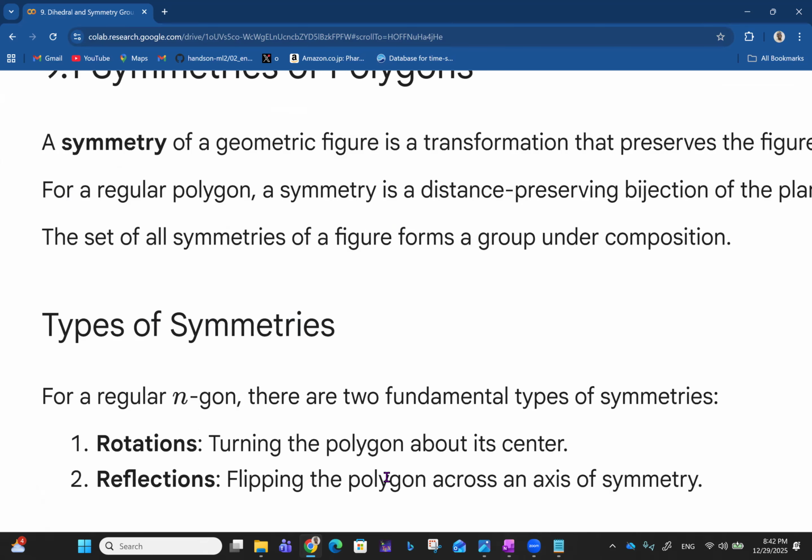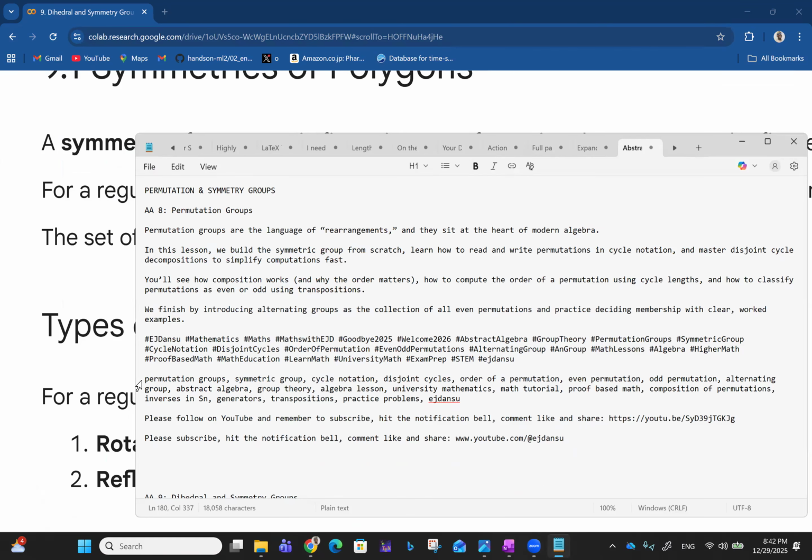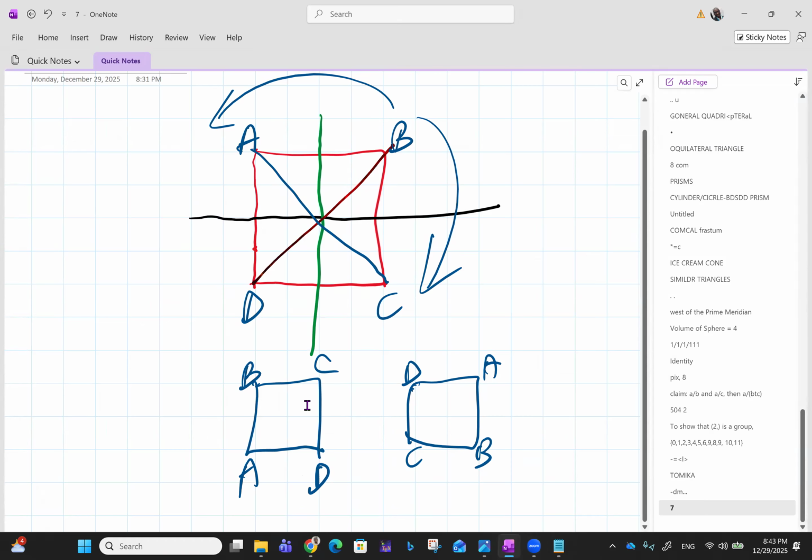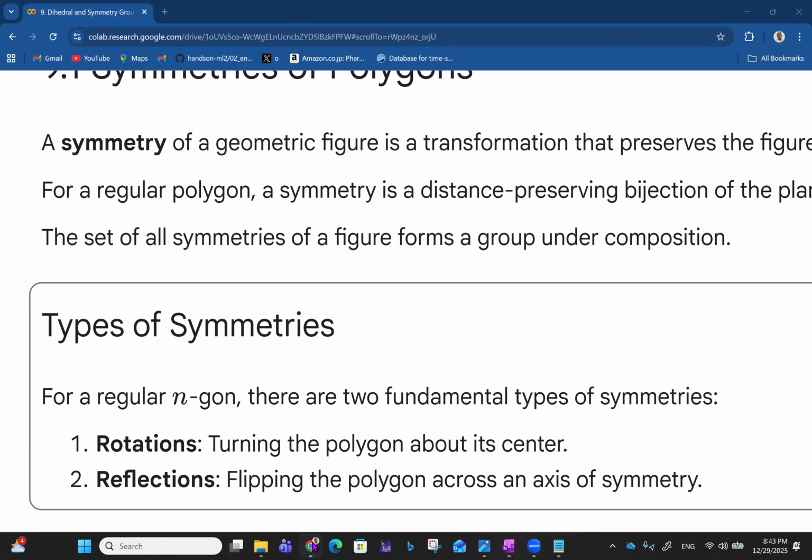Rotations talk about turning the polygon about its center. And then you can have reflections, which is flipping the polygon across an axis of symmetry. So say this is a possible axis of symmetry now. So if you flip it over that, you get a reflection.